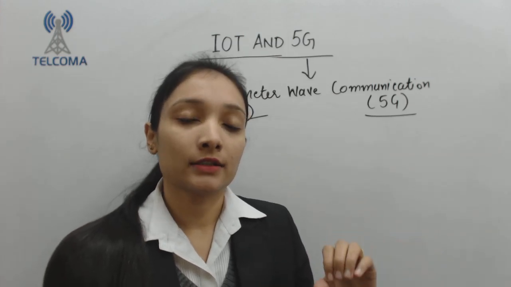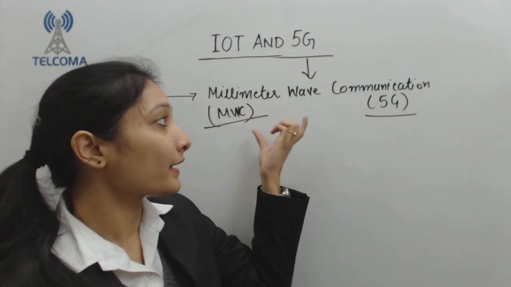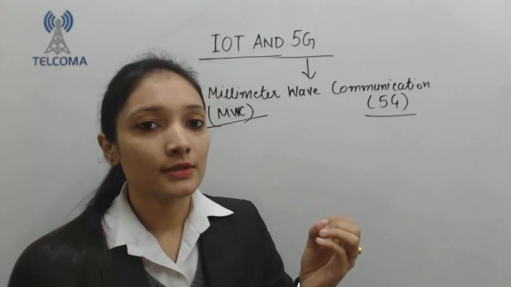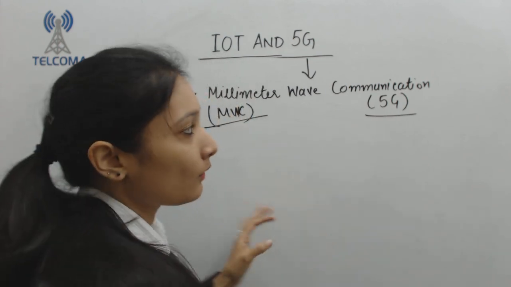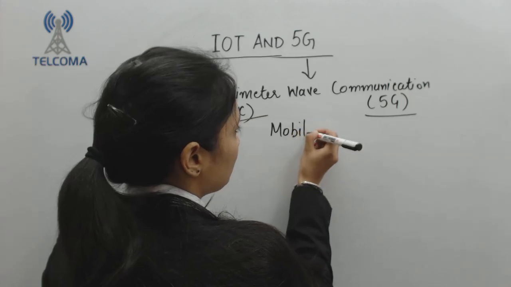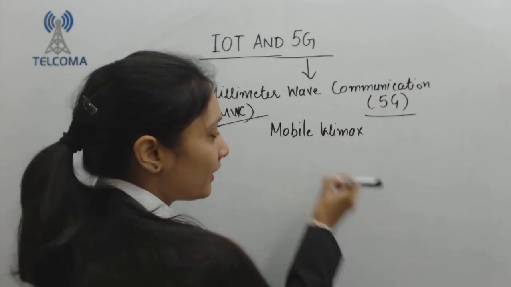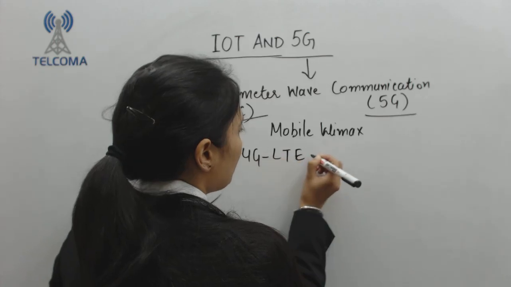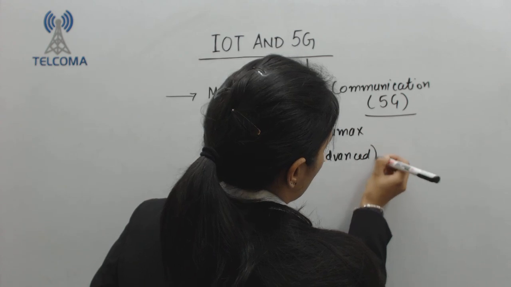Now we have been using other technologies also. To see what impact it will make on future wireless internet access, we should know the present techniques we are using for high data rates. We are using mobile WiMAX, and we are using 4G systems or long-term evolution, which is the advanced version.